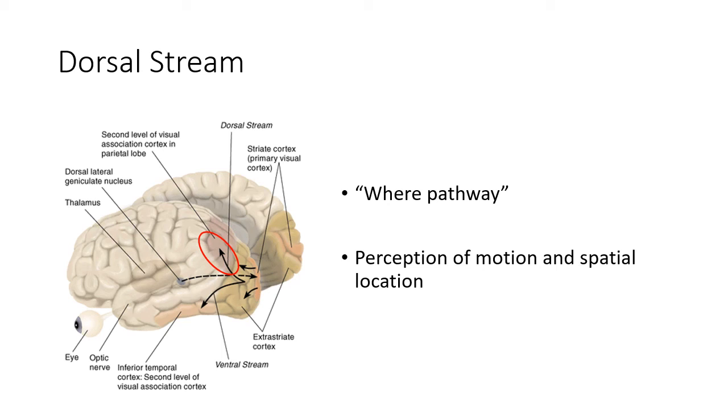Its spatial location is processed and exchanges information between different areas. We've got the medial temporal, the MT, and the medial superior temporal, the MST. The medial temporal is also known as V5, since we're talking about the V areas. You don't need to know those exact names. Just note that the dorsal stream is the where pathway, and it's also responsible for motion.